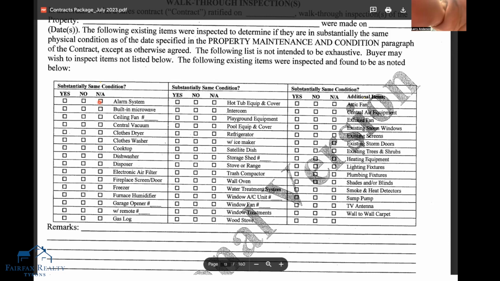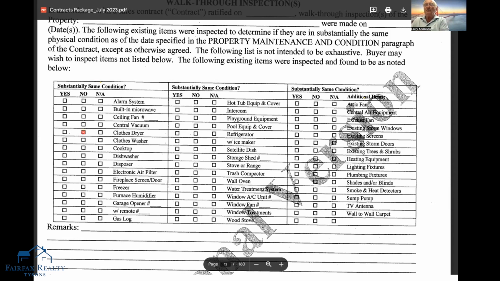So we would answer, yes, it's still in the same condition. Now, I agreed that I would have the clothes dryer repaired. I did. Your buyer checks it, and it works fine now. Which box would we check? I'm not going to run you through that exercise, but it would be no.